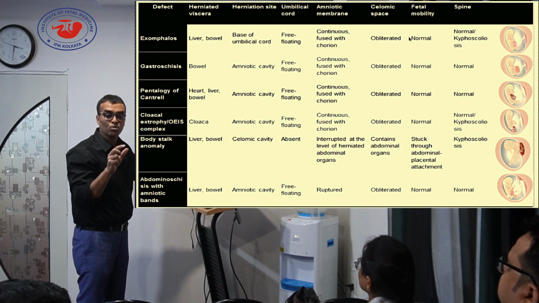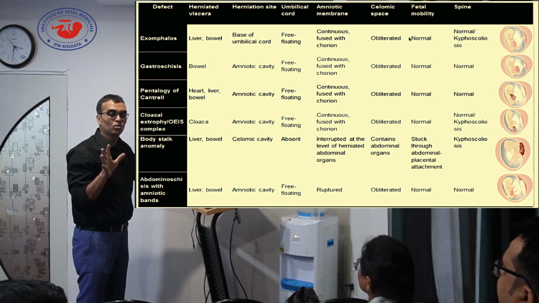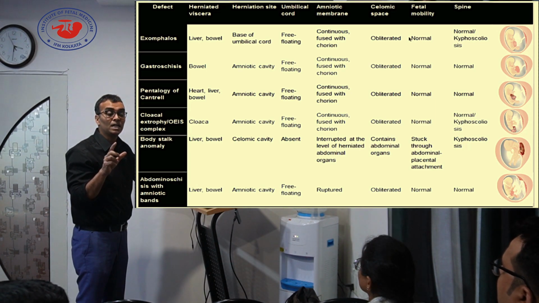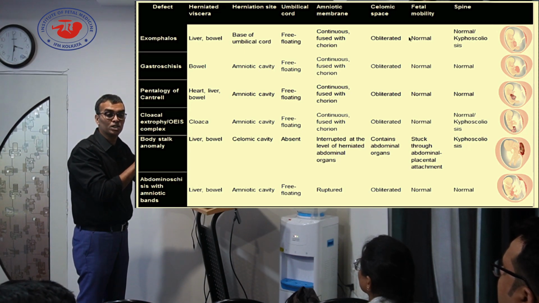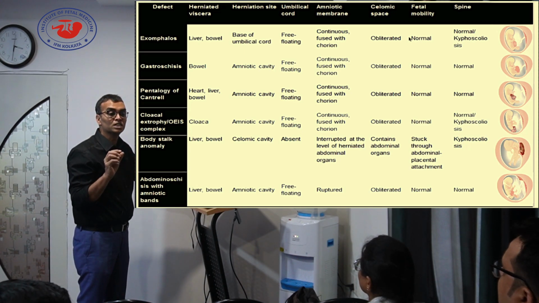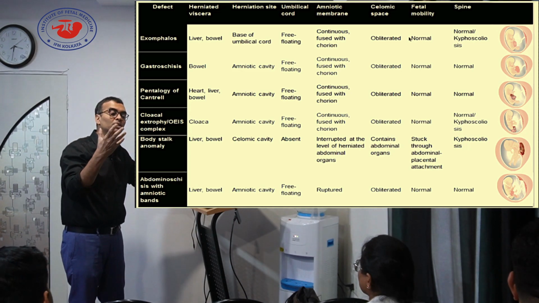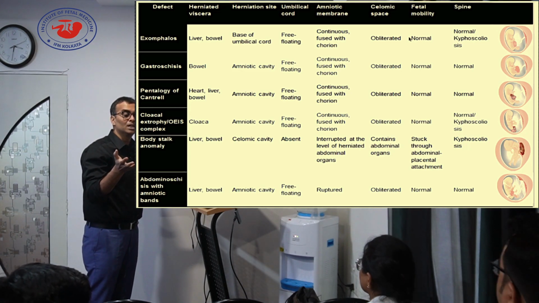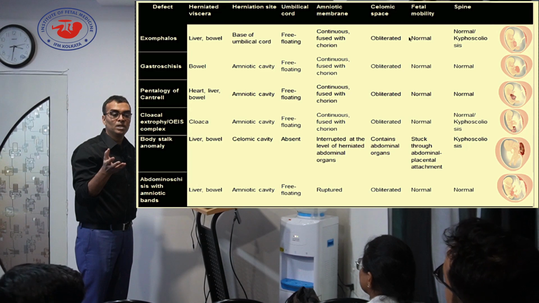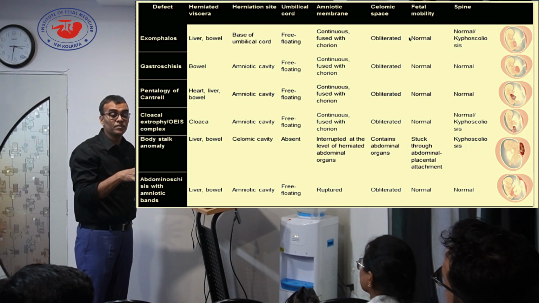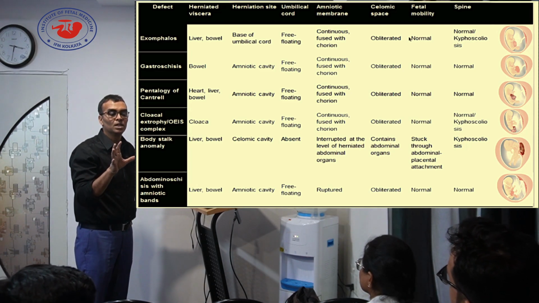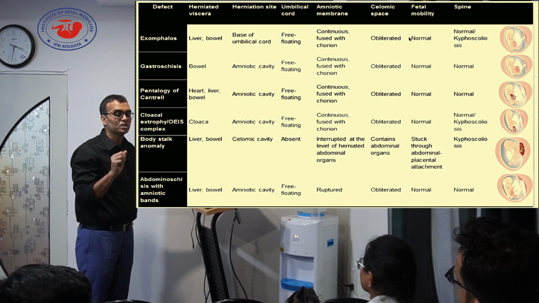So in this, O stands for omphalocele, E stands for exstrophy of bladder or cloacal exstrophy, I stands for imperforate anus, which is difficult to pick up at 20 weeks, and S stands for the spinal abnormalities. As per the criteria, if you meet at least two of these, it should go in the OEIS diagnosis. We cannot confirm it definitely, but structurally at least the phenotype was like OEIS complex.